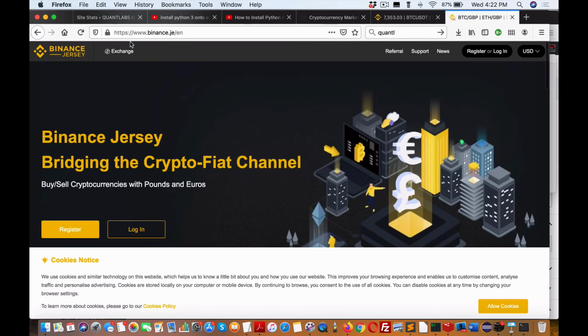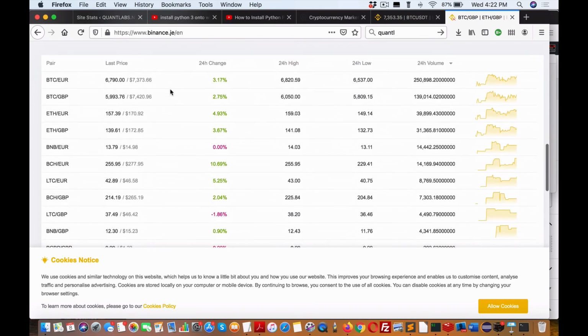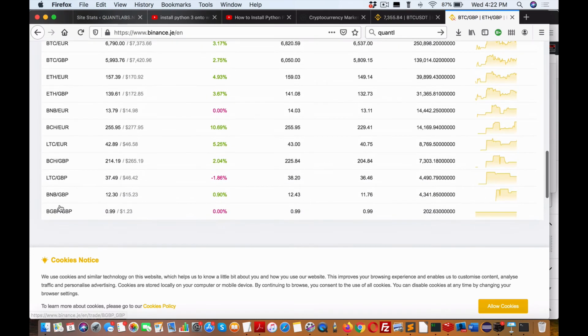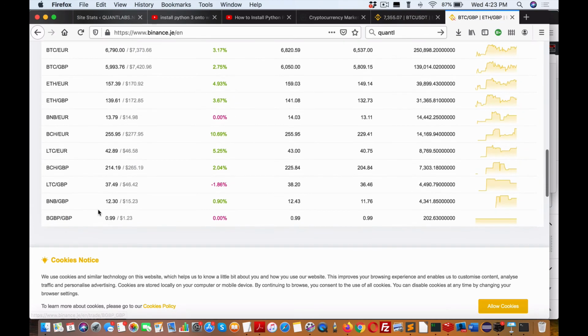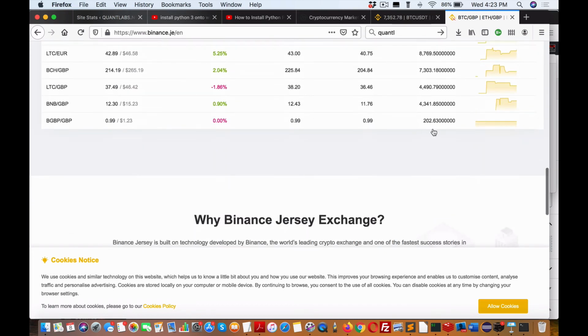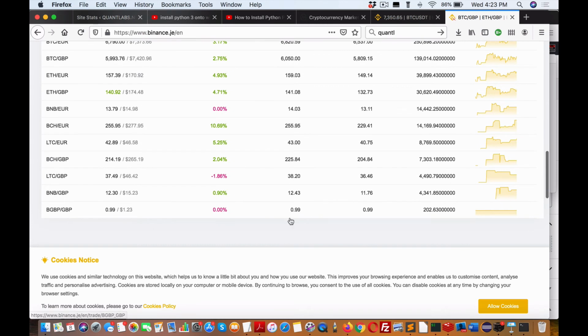Binance Jersey is available as well, where you can trade Bitcoin, Litecoin, Bitcoin Cash, BNB, and so on. You just check the volume, and it's 200 British pounds a day.